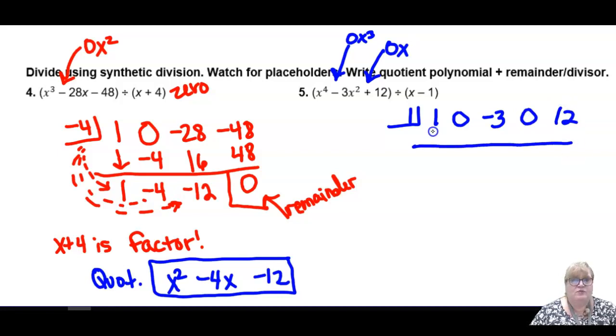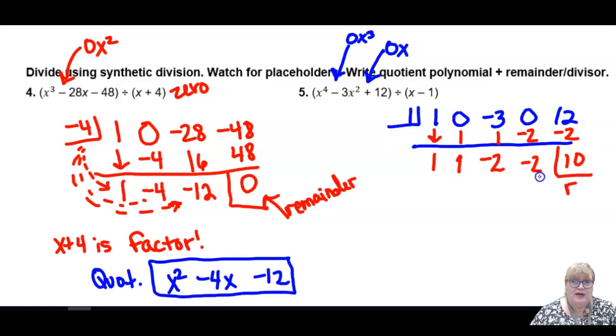All right, then we bring this guy down. Multiply, 1 times 1 is 1. Add is 1. Multiply is 1. Add is negative 2. Multiply is negative 2. Add is negative 2. Multiply is negative 2. Add is 10, and that's your remainder.